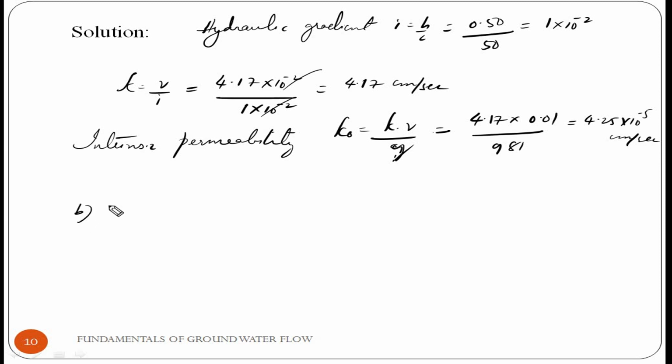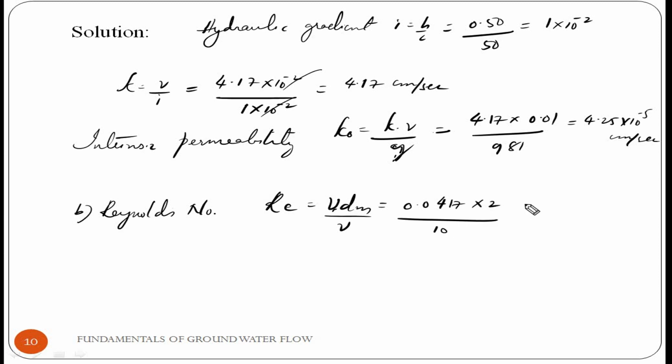So the second is the Reynolds number, R is equal to V d by nu.